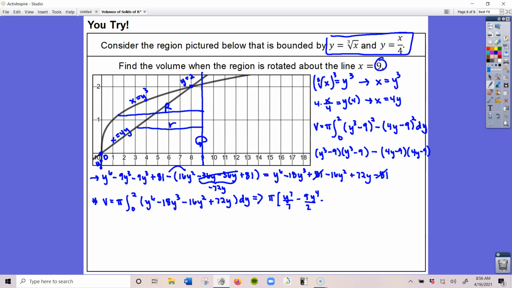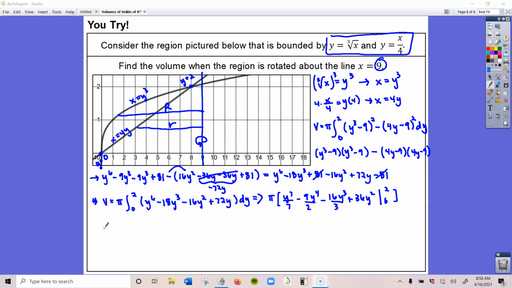Minus 16y to the third over 3, which cannot be simplified. Then plus 72y squared over 2, which would be 36y squared. And I want to evaluate this from 0 to 2.